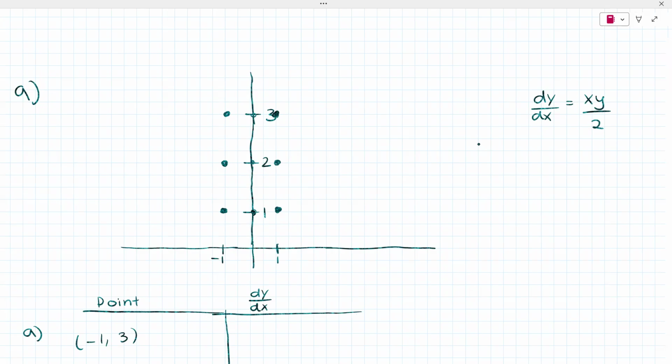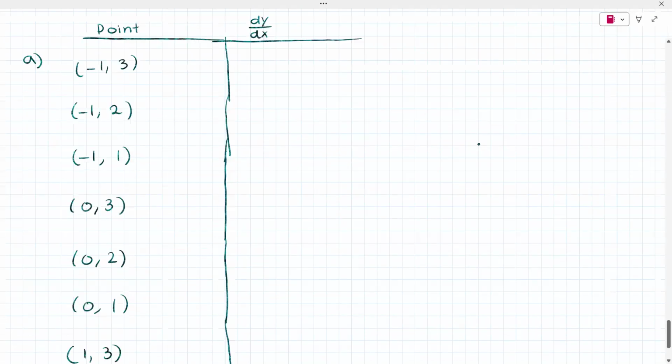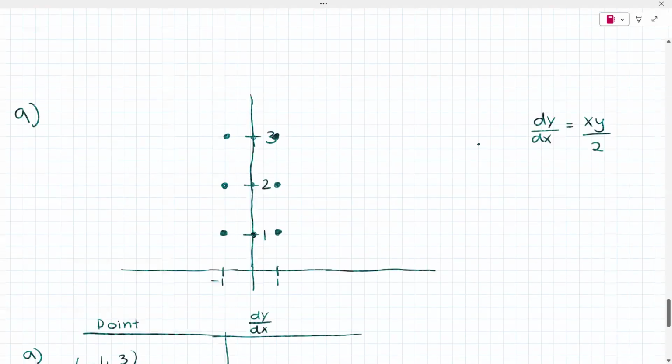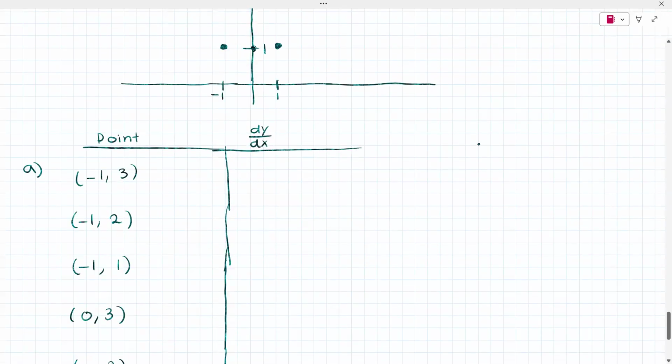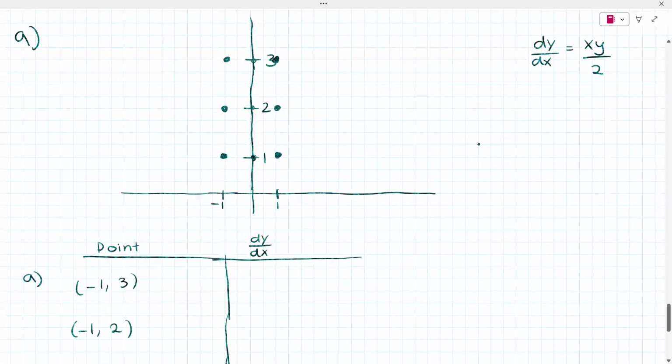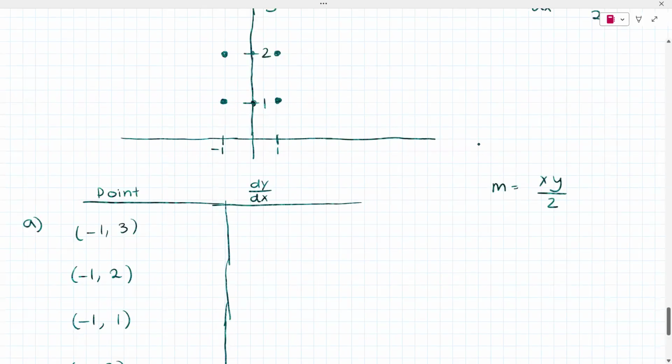This was all given. Now we've got to find the slope. So we have dy dx equals xy over 2. Let me work this out. They're saying m is equal to xy over 2, because dy dx represents the slope. So let's do the point -1, 3.